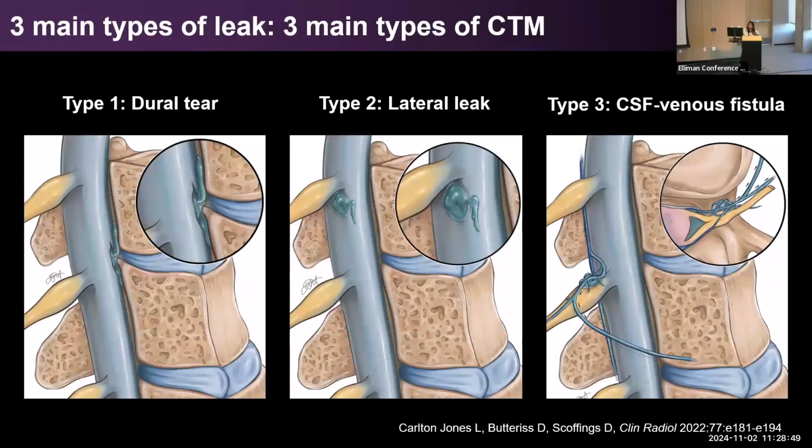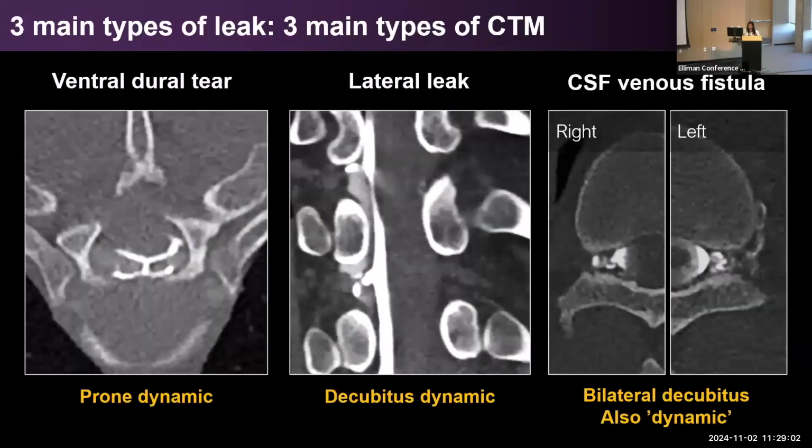So we've just heard about the main types of leaks, and the exact way in which I perform a CTM depends really on what kind of leak I think the patient has. And most, but not all patients will have one of these three kinds of leaks, as we've just heard, each of which I approach in a slightly different way. And that's mainly dependent on how they're going to be positioned, as well as how we give the contrast. And I'm going to talk about the nuances of this a bit later.